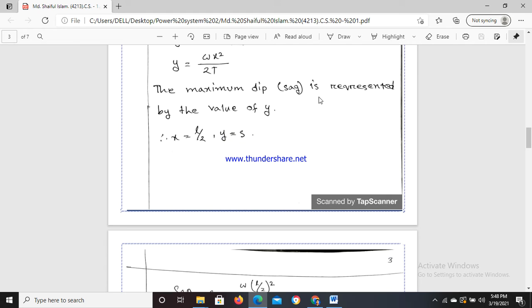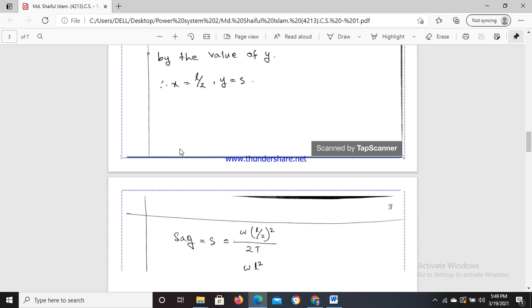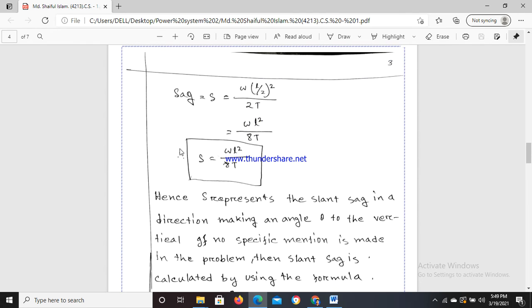The maximum dip, sag, is obtained by the value of y at x equal to L by 2. Sag S equal to w into (L by 2) whole square by 2T, equal to wL square by 8T. S equal to wL square by 8T.